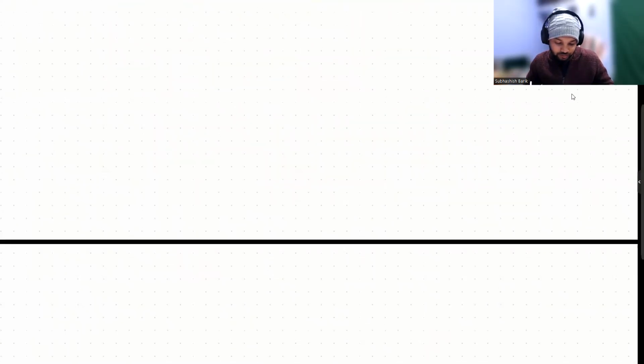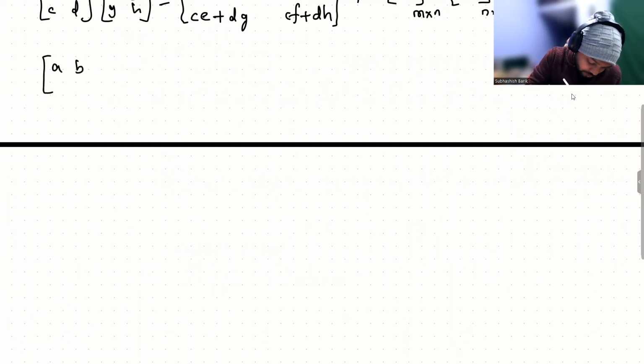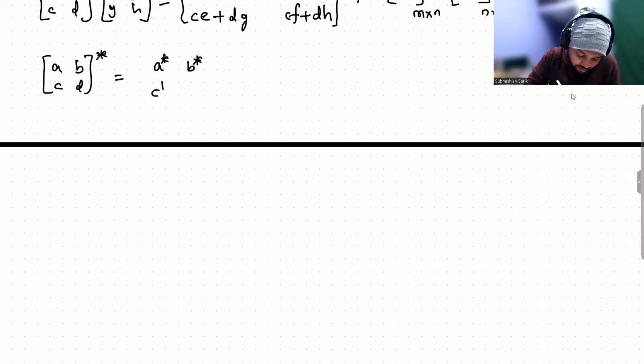The next thing to look at would be the conjugate of a matrix. If I have a matrix A B C D, and these could be complex numbers, real numbers, whatever, and I want to look at the conjugate of this matrix, then it is just the conjugate of all the elements: A star, B star, C star, D star.